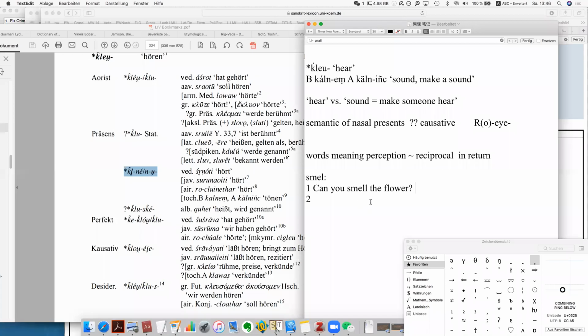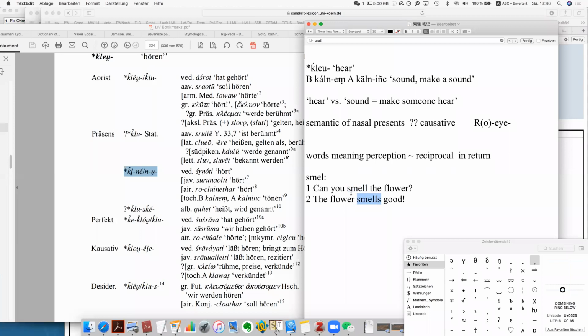Okay. And then the flower smells, the flower smells great or smells good, right? And the smell in these two sentences actually have two different meanings, right?